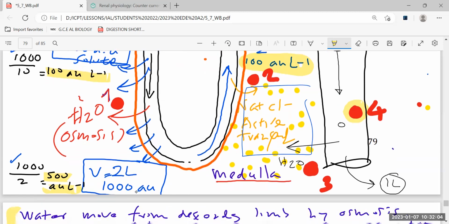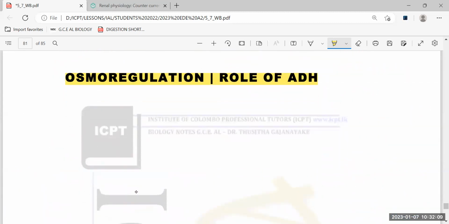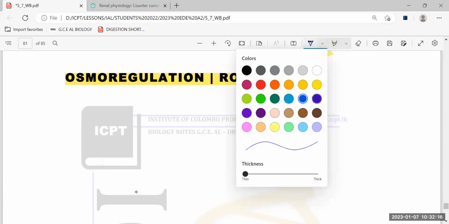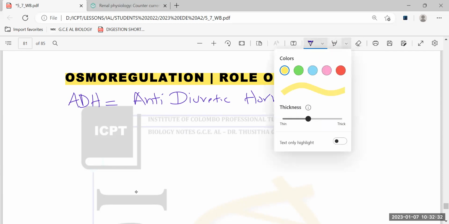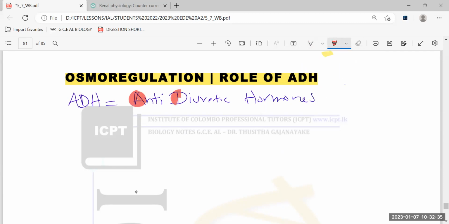So we're going to learn it in a different topic because it is related to many questions: osmoregulation and the role of ADH. ADH is anti-diuretic hormone.